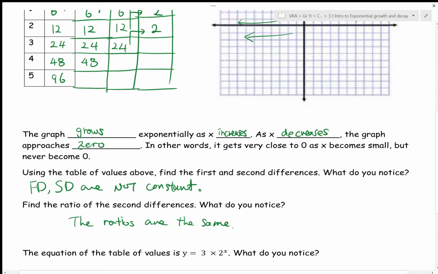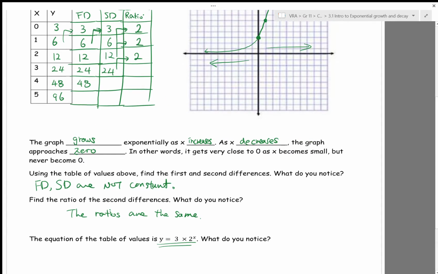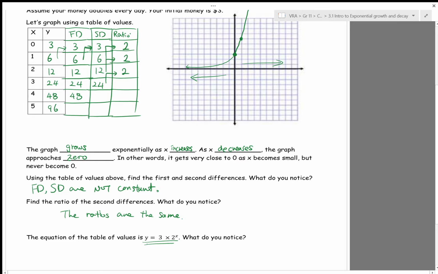So in this case, the equation of the table values is this. I set it up beforehand. Now our job is to find the similarity, or what you can find from the relationship between the equation and the table of values here.